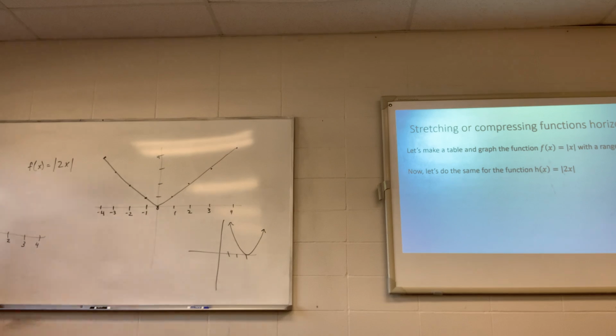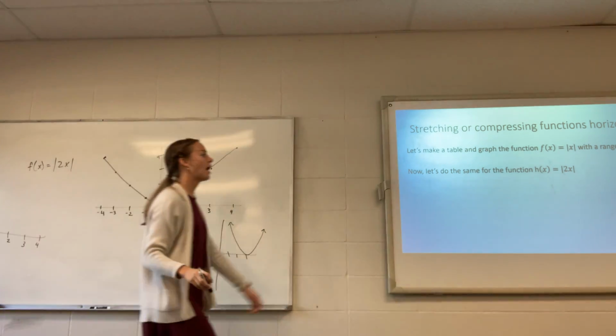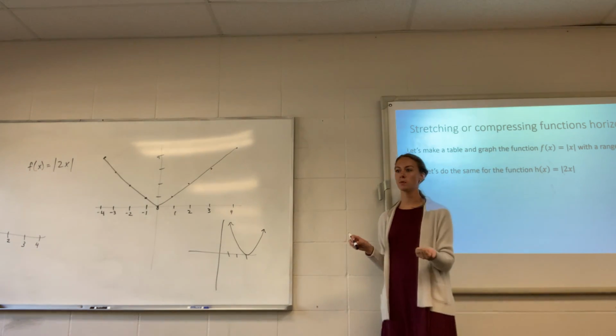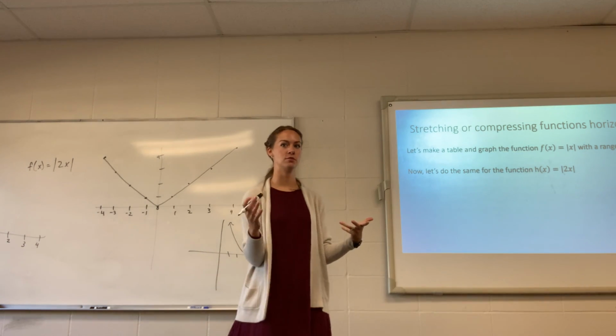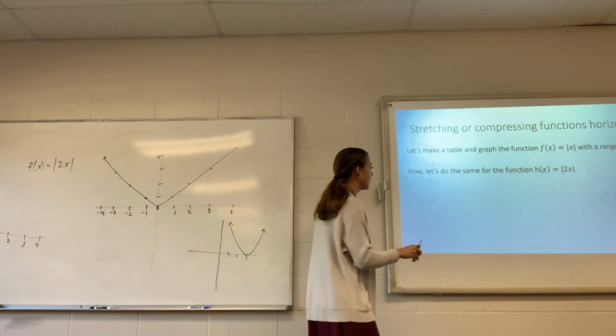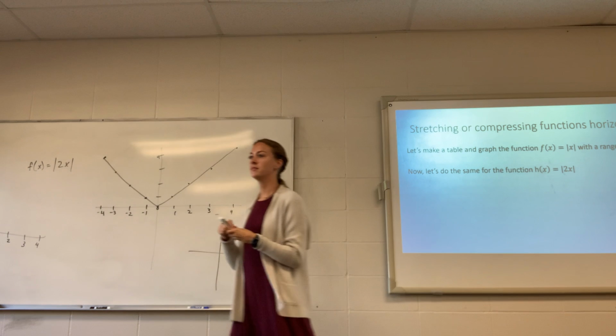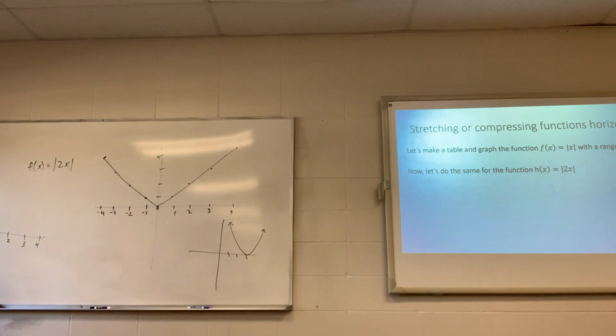Okay, so if I take -4 and put it in here, I would have to first multiply it by 2 and then take the absolute value of that. So if I take -4 times 2, what does that give me? -8, and then if I take the absolute value of that, 8. So actually I'm going to end up being up here at 8 again. So at -4, I'm up here at 8. Okay, what about if I plug -3 in?